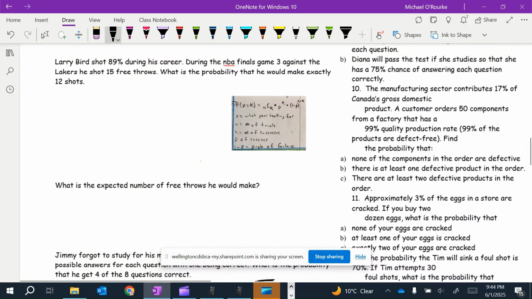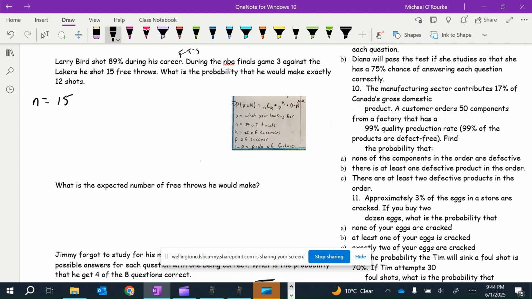So Larry Bird shot 89% during his career from the free throw line. Okay, I forgot to put that in, on free throws. During the NBA Finals, Game 3 against the Lakers, he shot 15 free throws. What was the probability that he would make exactly 12 shots? Okay, so n is our number of trials, that's going to be 15.